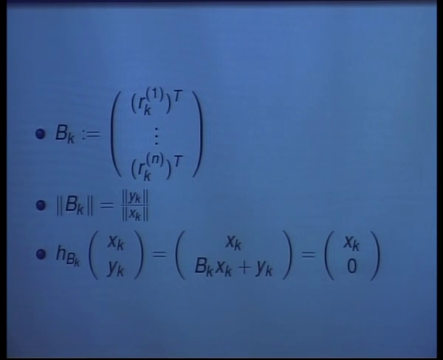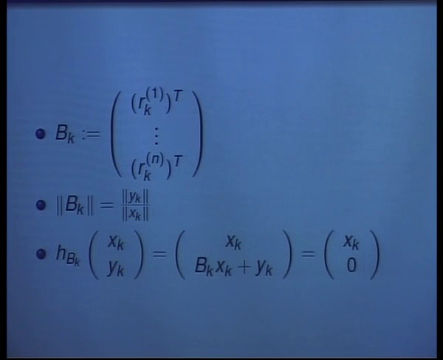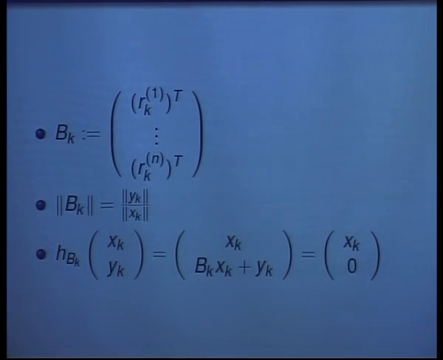And now notice the h B k, now this is that thing I told you about in the very beginning. 1 S 0 1 applied to x y is x, s x plus y. Xk, Bk xk plus yk. And I've engineered Bk so that Bk xk plus yk is 0.